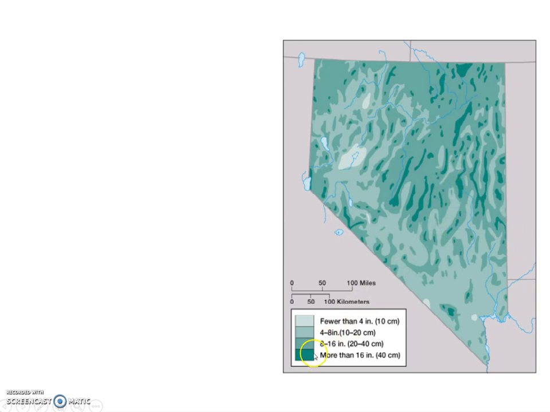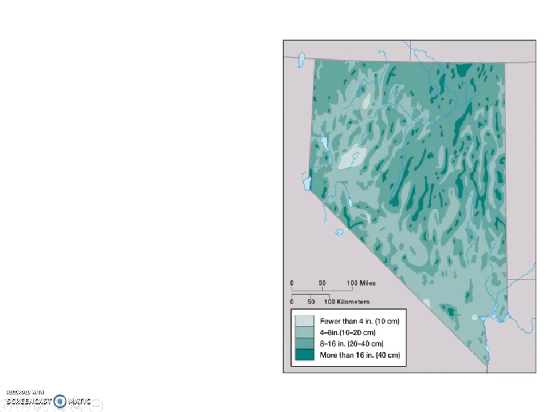The darker areas get more than 16 inches of rain, and then you can see as the colors get lighter, that means less and less rainfall. So you'll notice in Nevada the rainfall patterns are not random at all. There's a linear pattern to them. What's going on with that? Why do we have this linear pattern of rainfall?